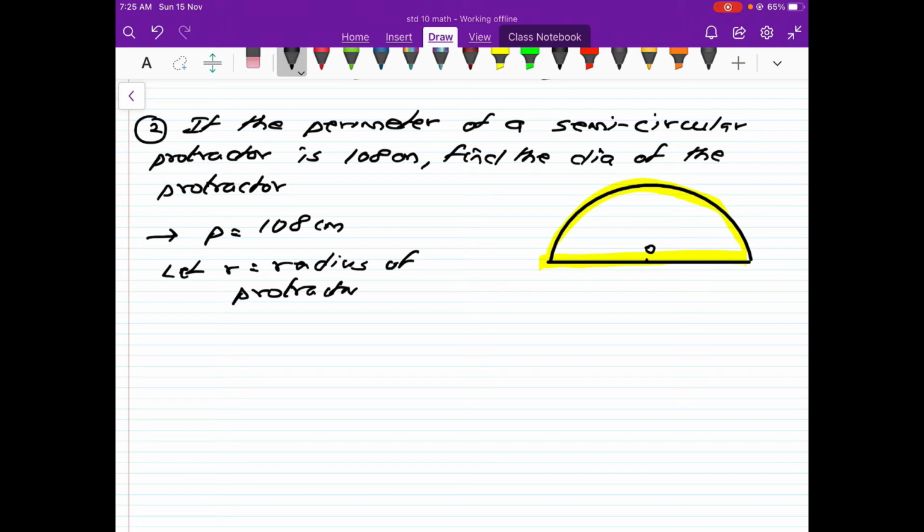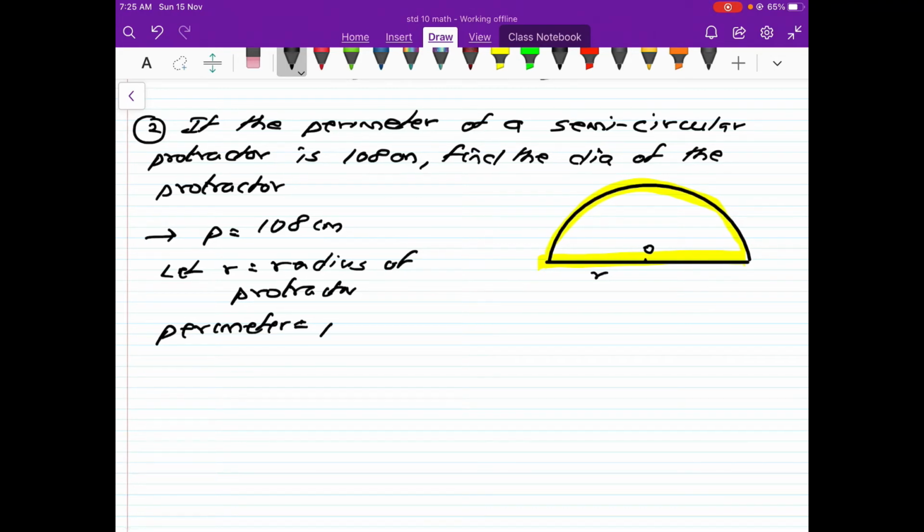So if r is the radius, this is the radius, then we can say perimeter is nothing but the perimeter or the circumference of the semicircle plus the diameter. So it is this plus this.